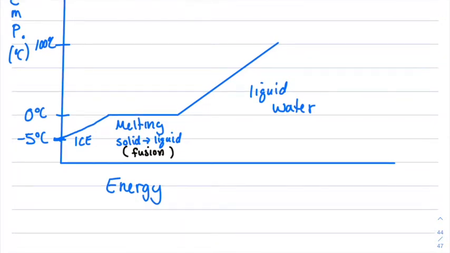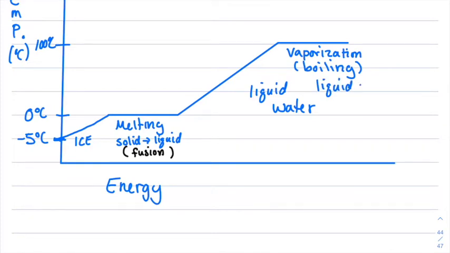But then at 100 degrees, we're going to have another one of these plateaus. And that's because we have another phase change happening. So here we have what we call vaporization, also known as boiling. So during vaporization, our liquid is becoming a gas.